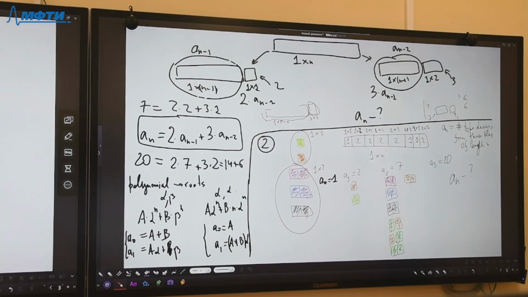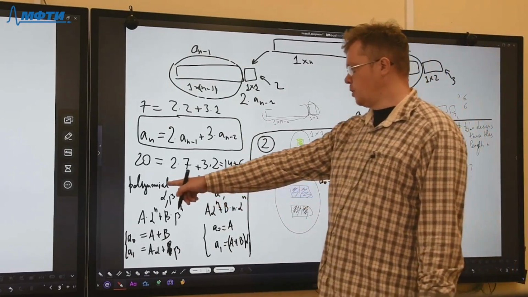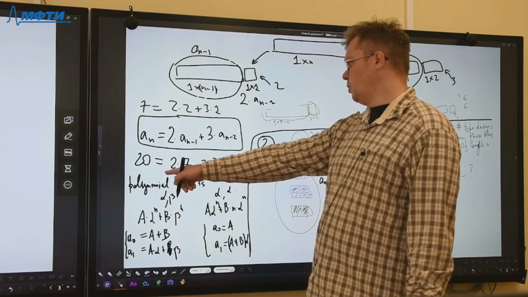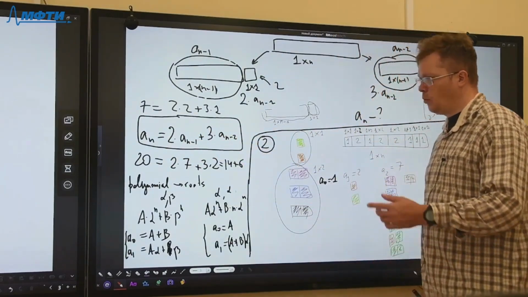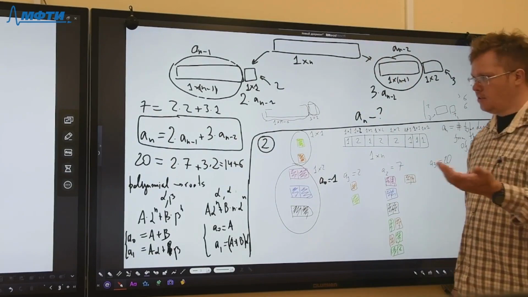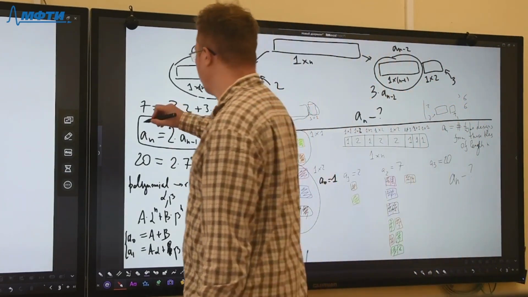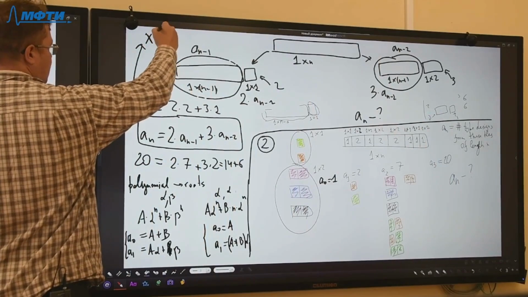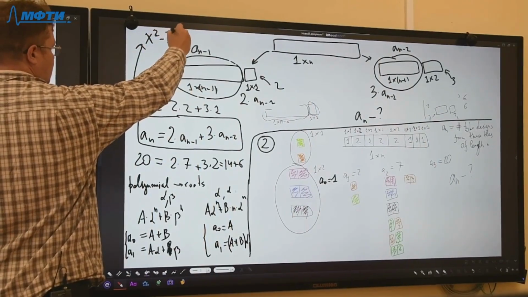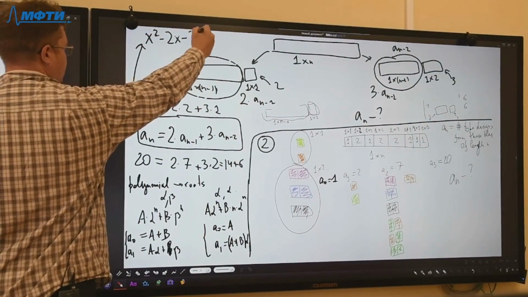Alpha is the root of this characteristic polynomial. The characteristic polynomial can be made from the linear recurrence just by moving everything to one side. In this case, the characteristic polynomial will be x squared minus 2x minus 3.